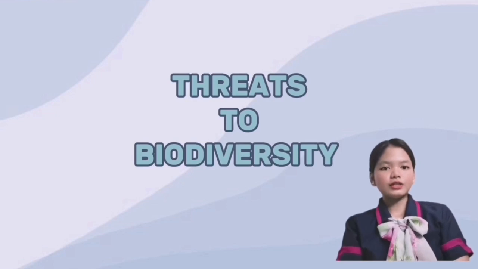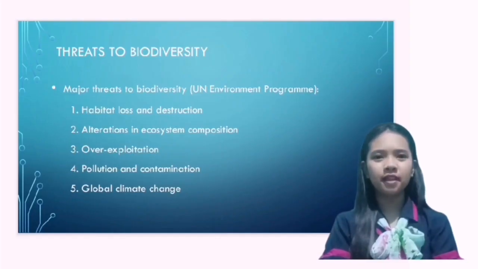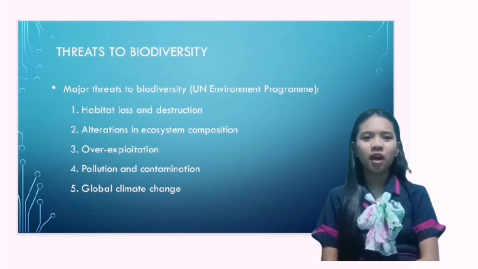Our third reporter is Princess Tiamzon. Threats of biodiversity. Number 1. Habitat loss and destruction. Is the process by which its natural habitat becomes incapable of supporting its native species. Number 2. Alteration in ecosystem.